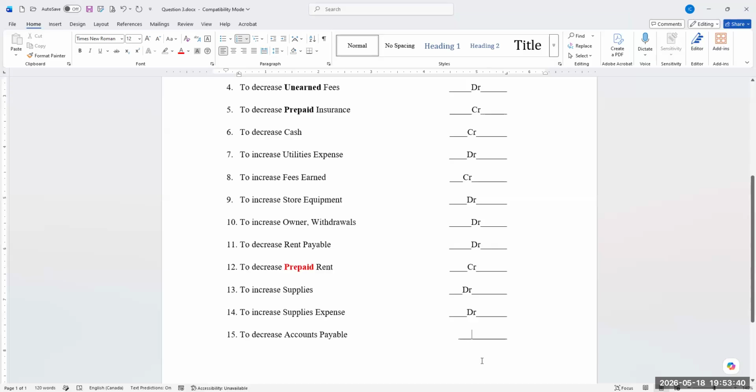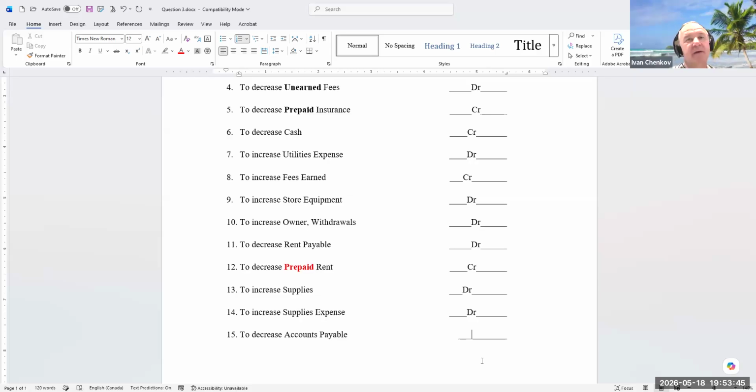Credit. Think about it. If I put it on the credit side, what's going to happen with the payable? It's going to increase or decrease? If you credit accounts payable, it'll go down. Check the second worksheet.